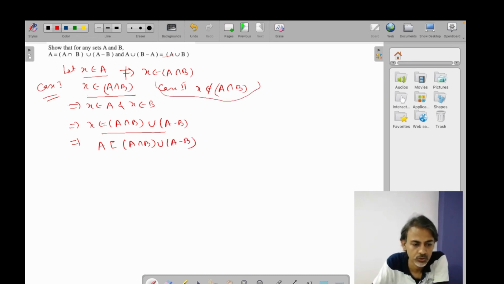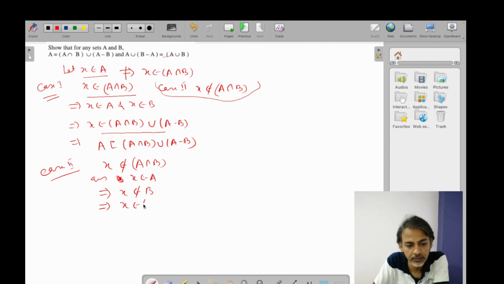Now let's take case 2. It says X is not an element of A intersection B. When this is the case, we know that X is an element of A, and this means X is not an element of B, because X is not an element of A intersection B. This implies X is an element of A minus B. This implies again X is an element of A minus B union A intersection B. So if X is an element of this, then it could be an element of this union anything.